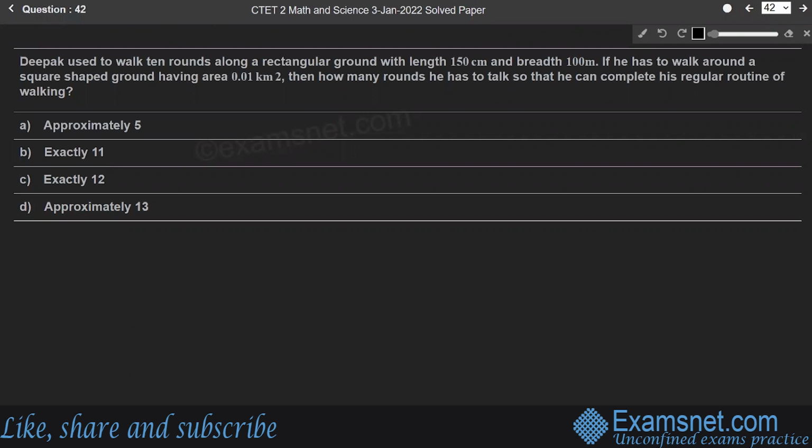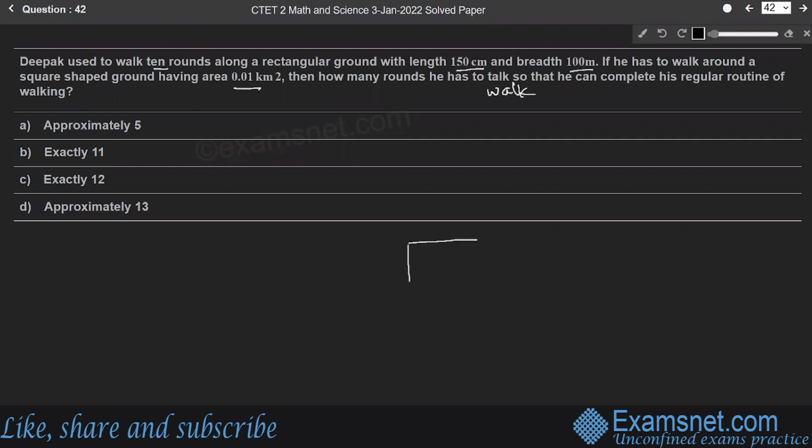Question number 42. Deepak used to walk 10 rounds along a rectangular ground with length 150 centimeter and breadth 100 meter. If he has to walk around a square-shaped ground having area 0.01 kilometer square, then how many rounds does he have to walk so that he can complete his regular routine of walking?